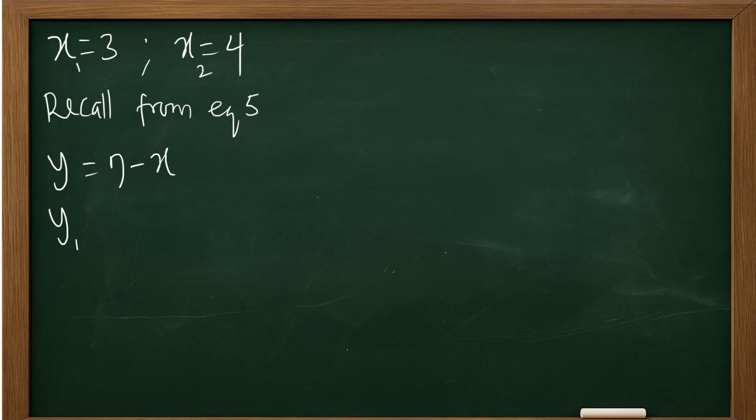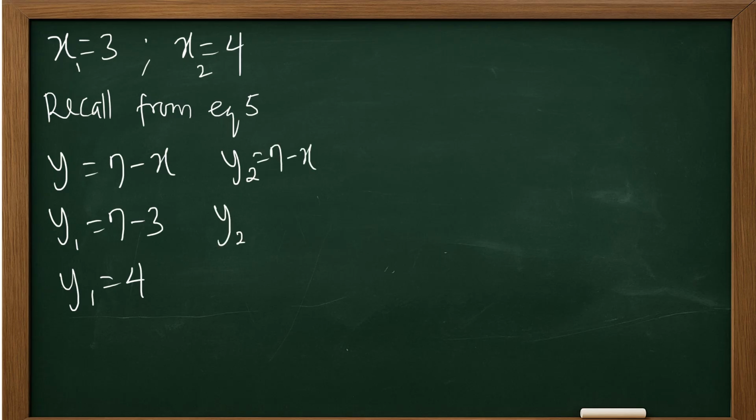So my y1 is going to be 7 minus 3. So y1 is going to be 4. So here my y2 is going to be 7 minus x as usual. Y2 is going to be 7 minus 4. And my y2 is going to be 3.